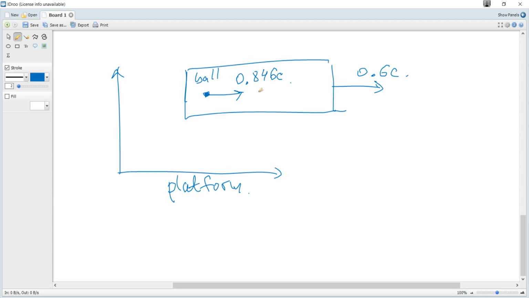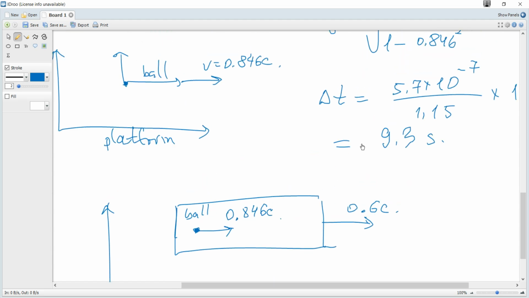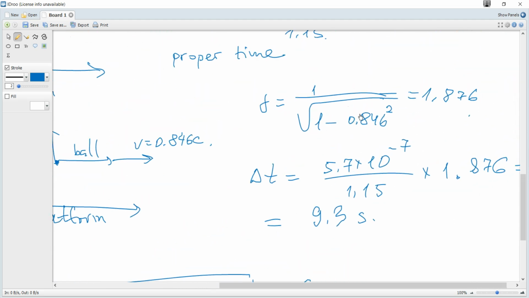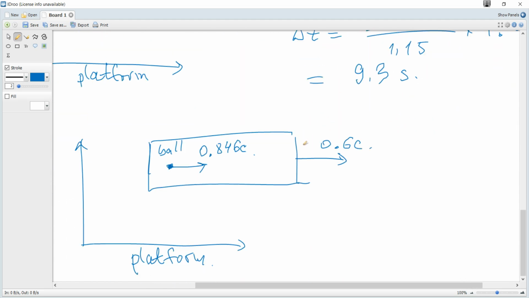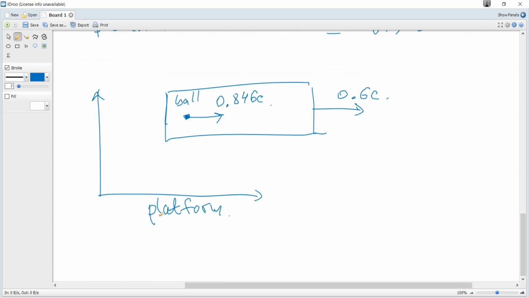Why? Because it is calculated using formulas, because 0.5 is the speed relative to the train, but we need it relative to a platform, and the train is moving with speed 0.6, but the distance is 85. It's that relative to a train, but relative to a platform this distance will be contracted, and it will be divided by gamma.